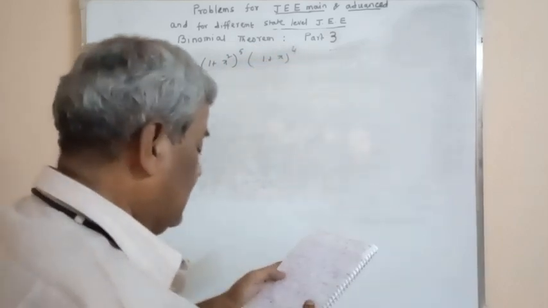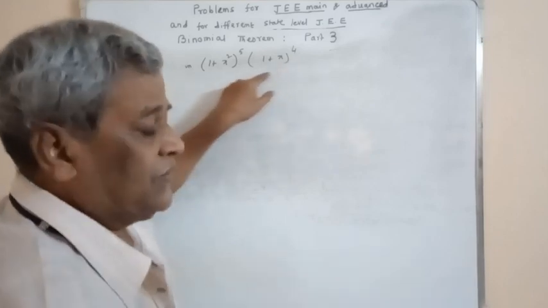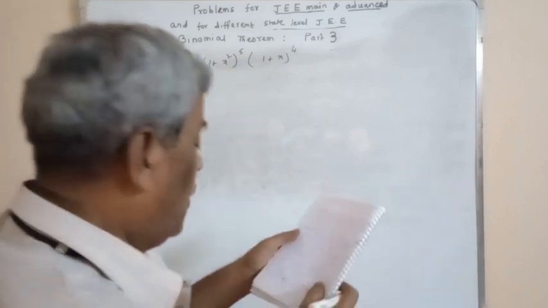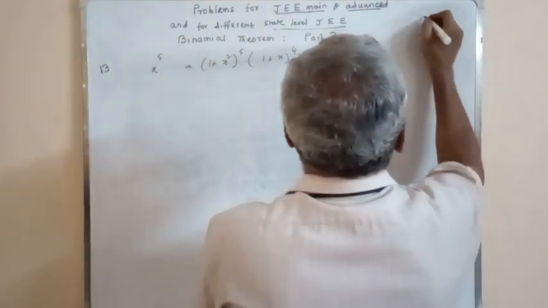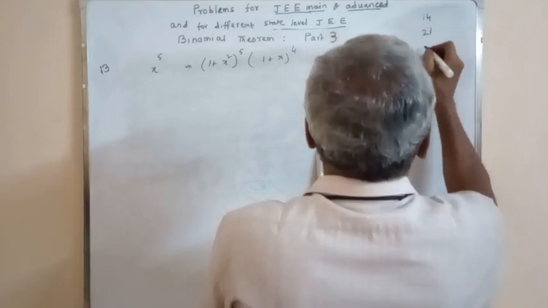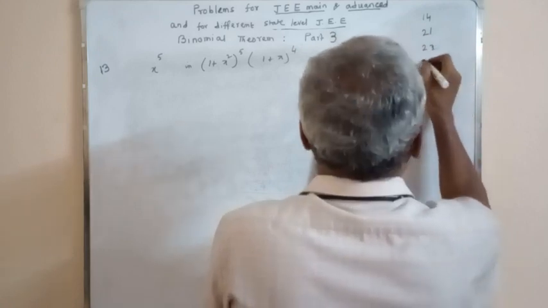We have to find the coefficient of x to the power 5 in that expansion. So it is a product term, mind that. Options are 14, 21, 22 and 23.